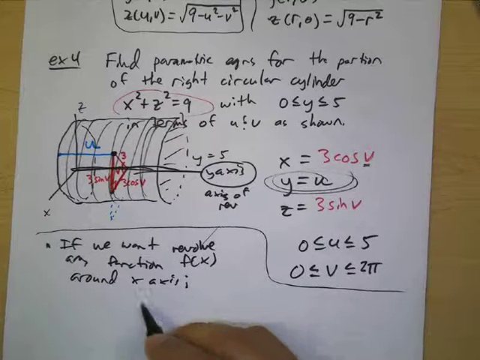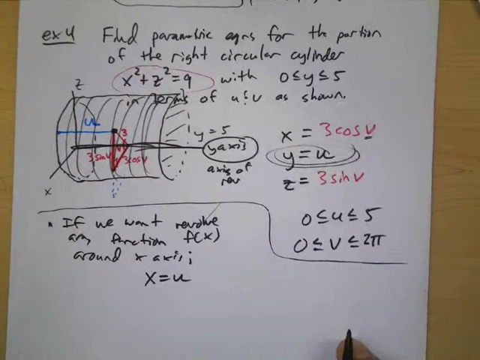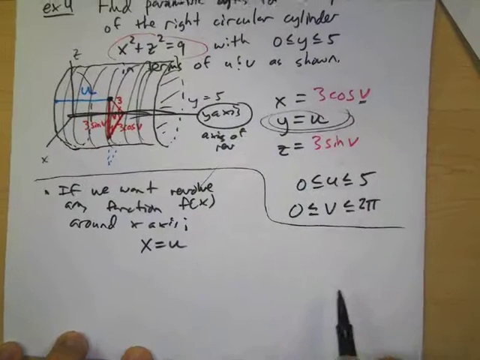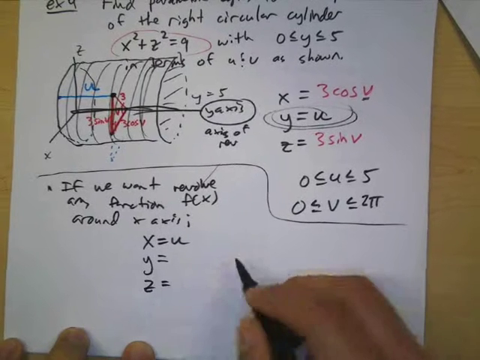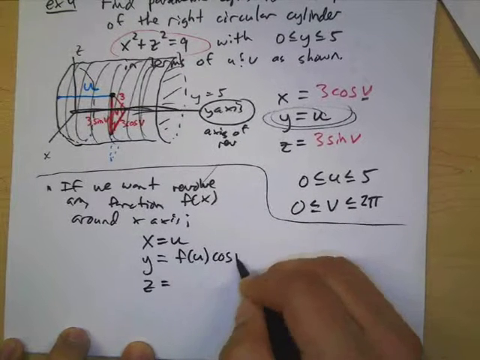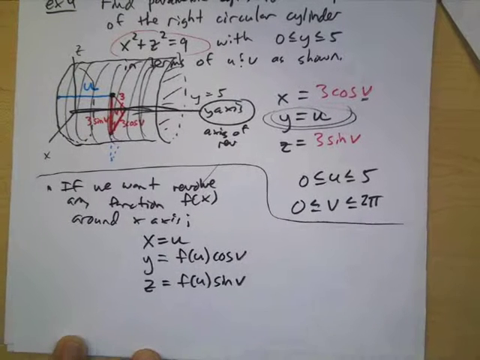Then we can say x is going to be u. So whatever the axis of revolution is going to be, that'll be our u equation. And now y and z will be f of u cosine v and f of u sine v.